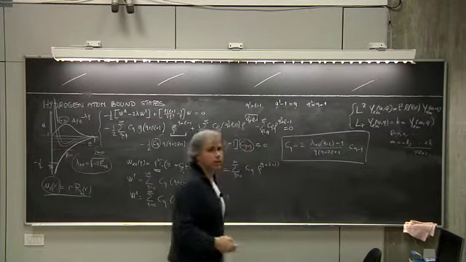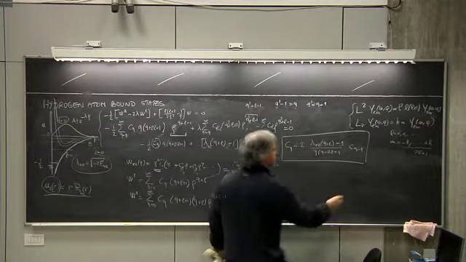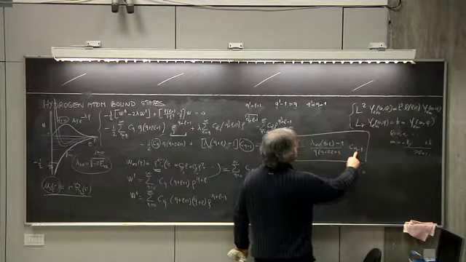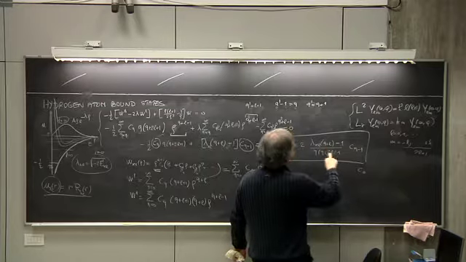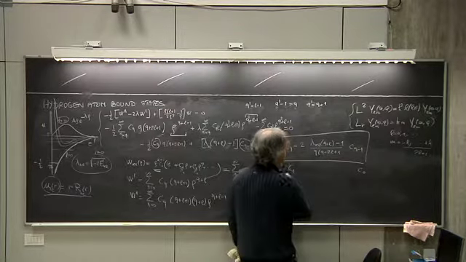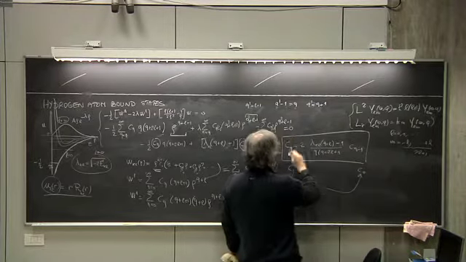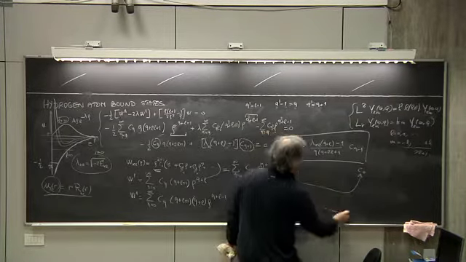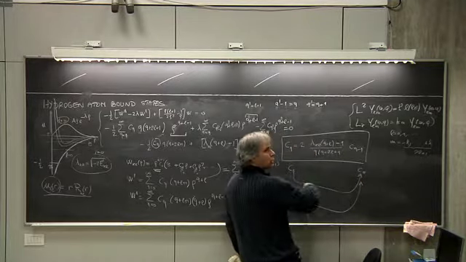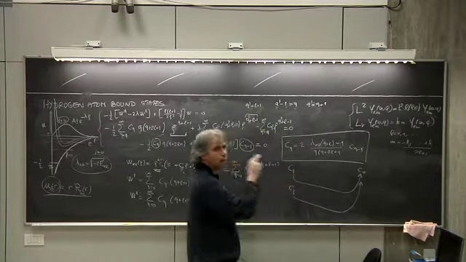So if I give you C0, you put here Q equal to 1 and you calculate C1. Then you plug it into here, put Q equal to 2, and calculate C2. Then you plug it in again, and you calculate C3, C4, and so on.